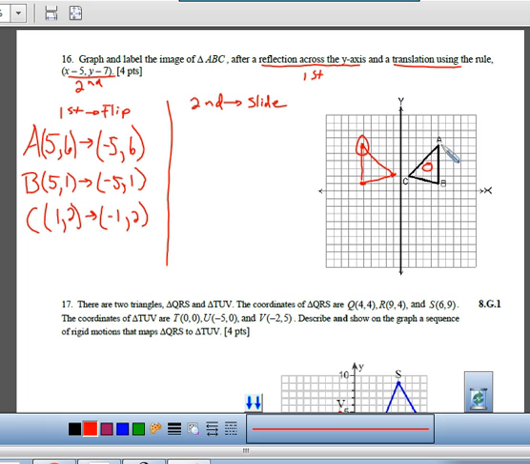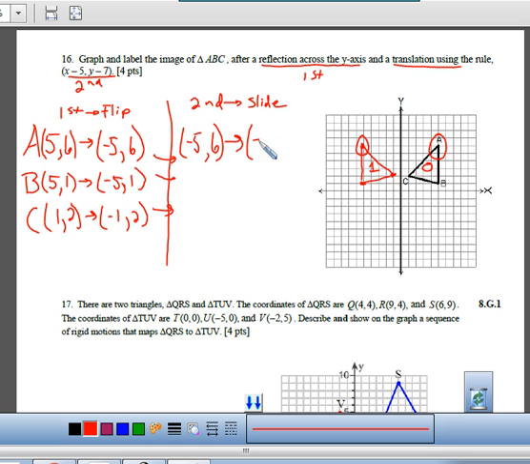Now, I usually circle a point that helps me to remember. So here's my first transformation. It's a reflection. Now I'm going to bring these points over here and do the second, which is the rule x minus 5, y minus 7. So I have negative 5, comma 6, and I'm going to subtract 5 from negative 5.